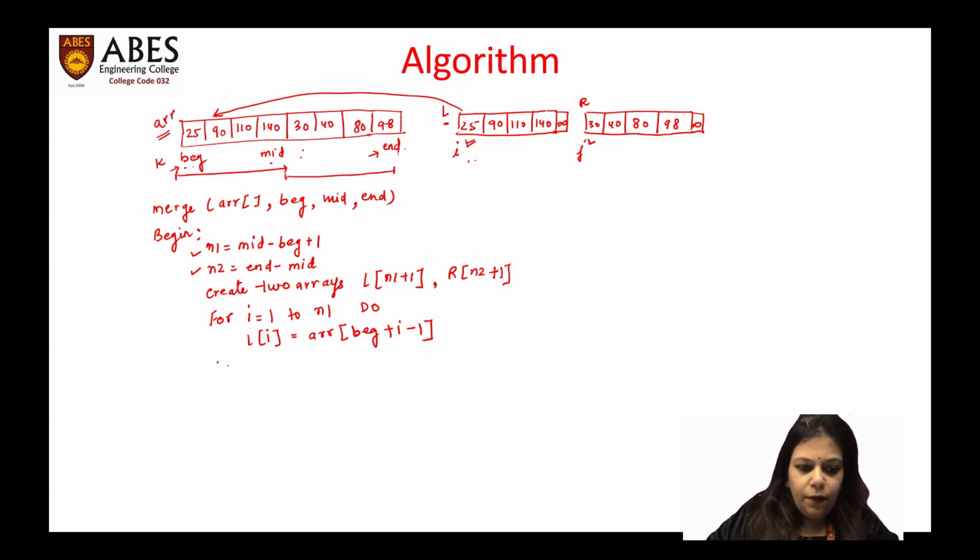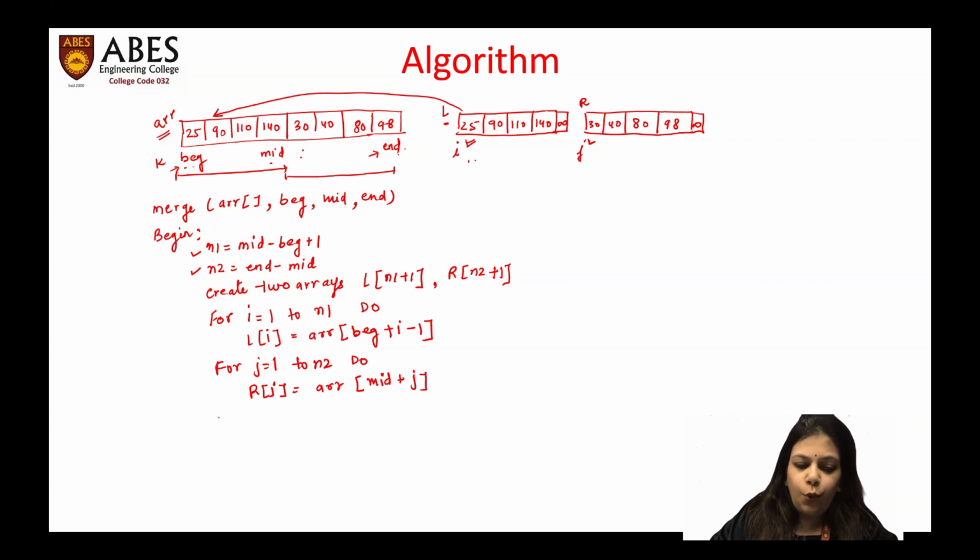And similarly, for J equals 1 to N2, we have to store inside R of J the value of ARR of mid plus J.